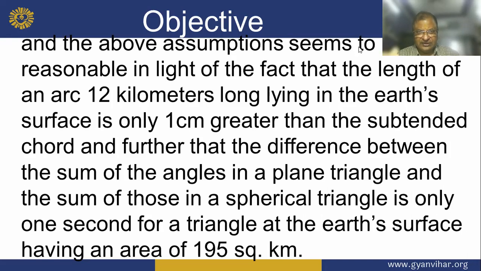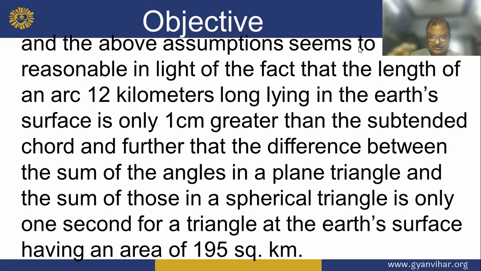seems to be reasonable in light of the fact that the length of an arc 12 kilometers long lying on the earth's surface is only 1 centimeter greater than the subtended chord.